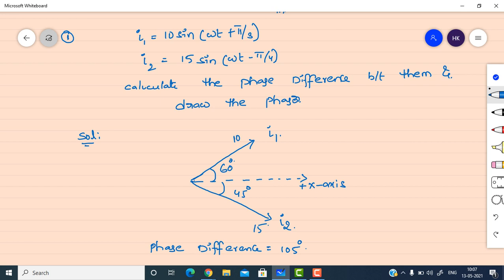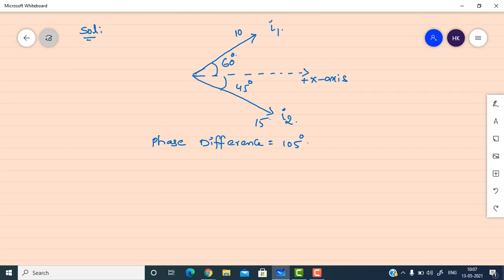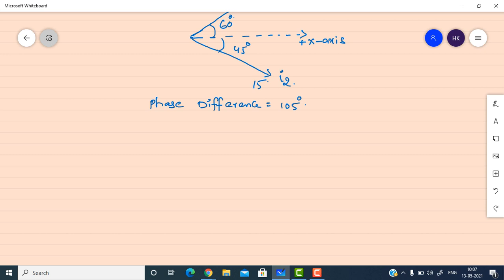The phase angle from here to the axis is 60 and from the axis to here is 45. So the total phase angle difference from this current to this current is 60 plus 45, that is 105 degrees. So this is the phasor diagram and this is the phase difference between those two quantities.